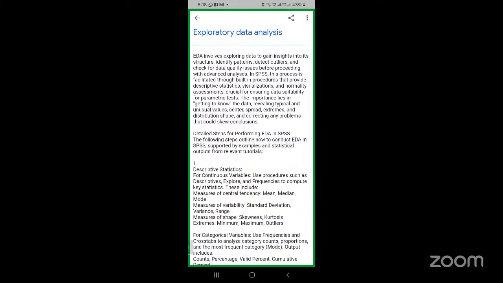So if there is any data, maybe due to some typing mistake, then your data will be skewed in nature. So you must be very careful, that is whether the expected mean and expected standard deviation is there or not. If there is any data which is very high, then the standard deviation will be affected.